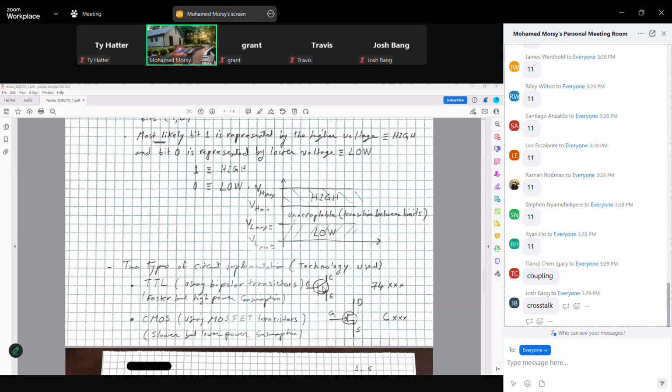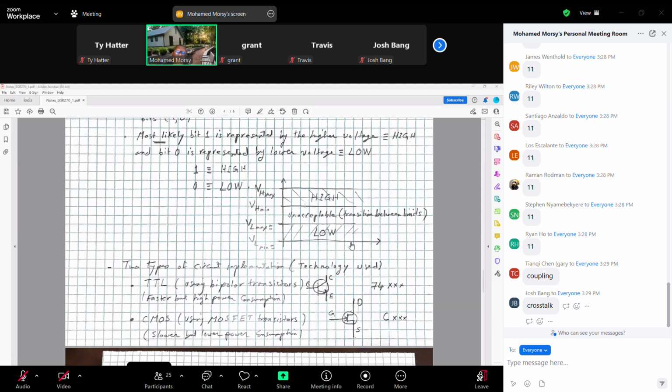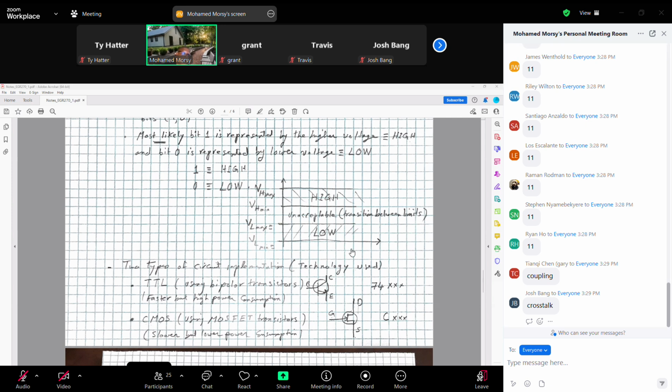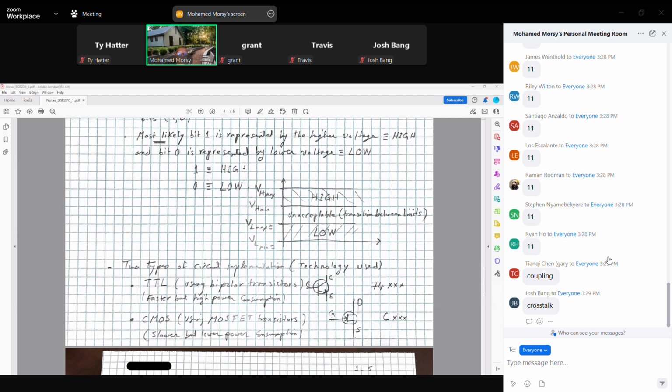And there is a gap between the two levels, the low level and the high level. This gap is to avoid overlapping between logic low and logic high. But there should be a quick transition from low to high, because the status we have for the system is either logic low or logic high.